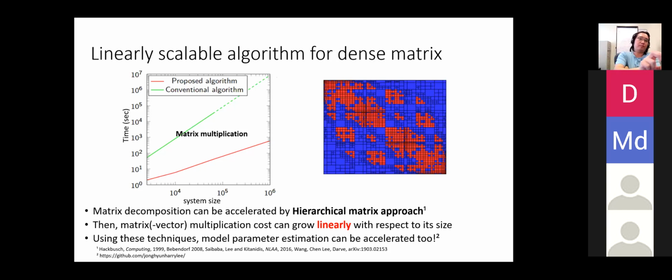The blue compressible blocks you leave with only the salient features. Then for matrix multiplication and storage you can probably achieve order n scalability or linear scalability. Using this kind of technique you can accelerate dense matrix algebra.